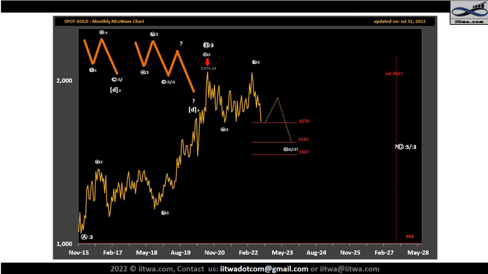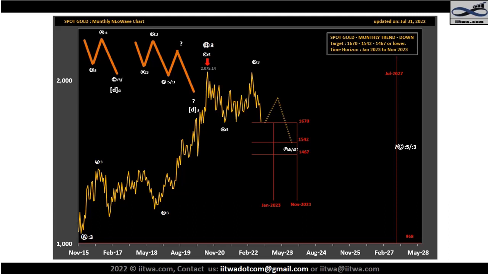Time-wise, wave C should terminate somewhere in the time area January 2023 to November 2023. It is not clear whether wave C is impulsive or corrective. Depending on clarity, the next same degree or higher degree wave can open upward. To study this wave in more detail, we require the weekly chart and daily chart.